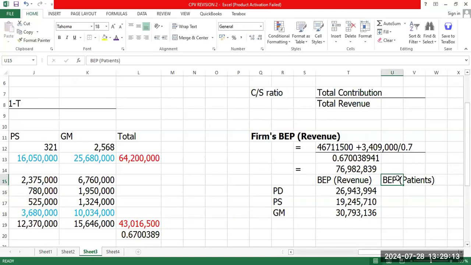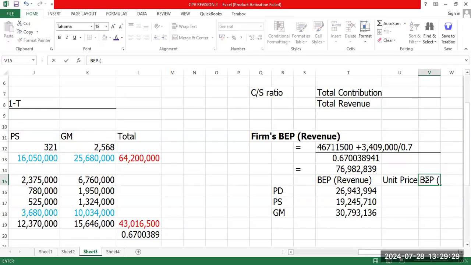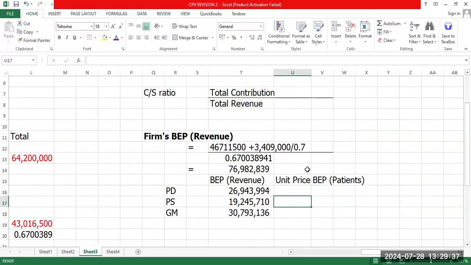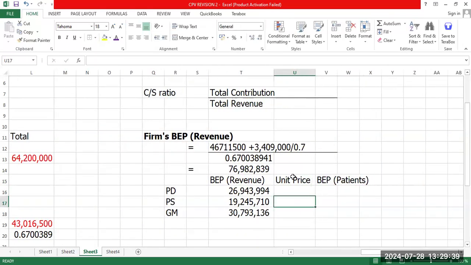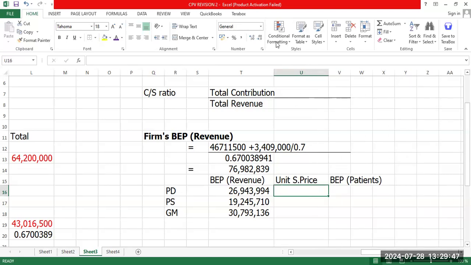Are we given the unit selling price? Let's analyze the question and see whether we are given that amount.